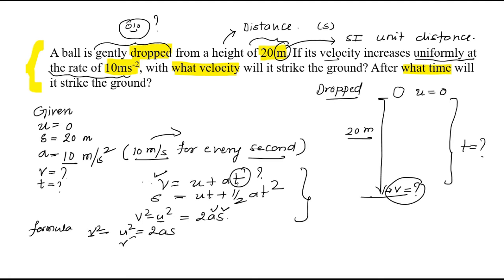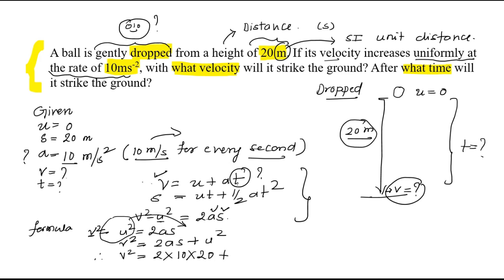So v square is equal to 2as, and you have to bring this entire thing on the other side, it becomes plus u square. And therefore v square is equal to, I am going to substitute now, 2 into a. a is how much? 10. 10 into distance, which is 20, plus u, we know already 0, that becomes 0 only.